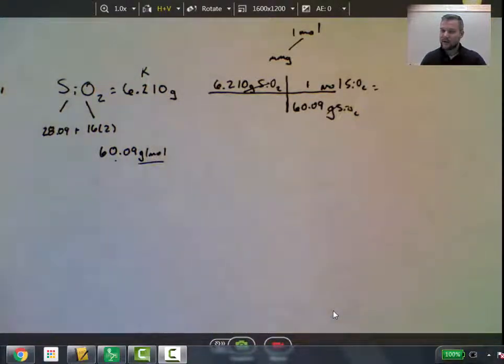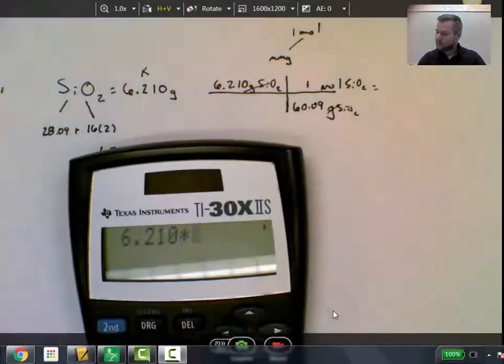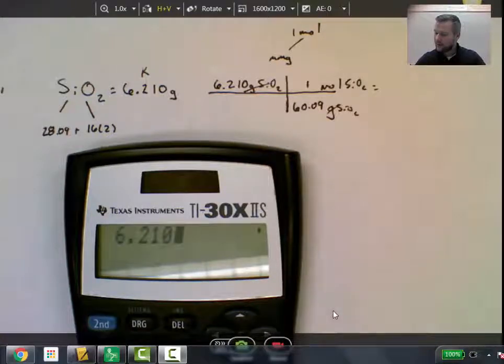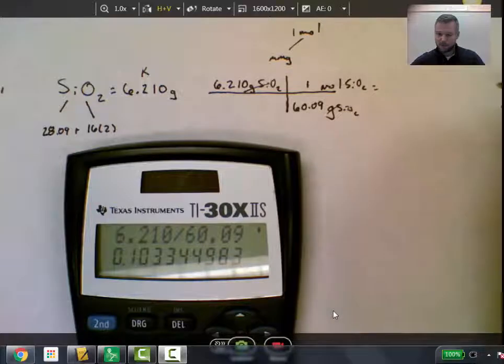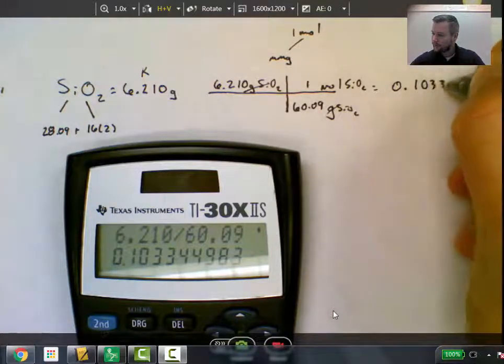So if I take my 6.210 divided by my 60.09, I get a pretty small number, 0.10334.